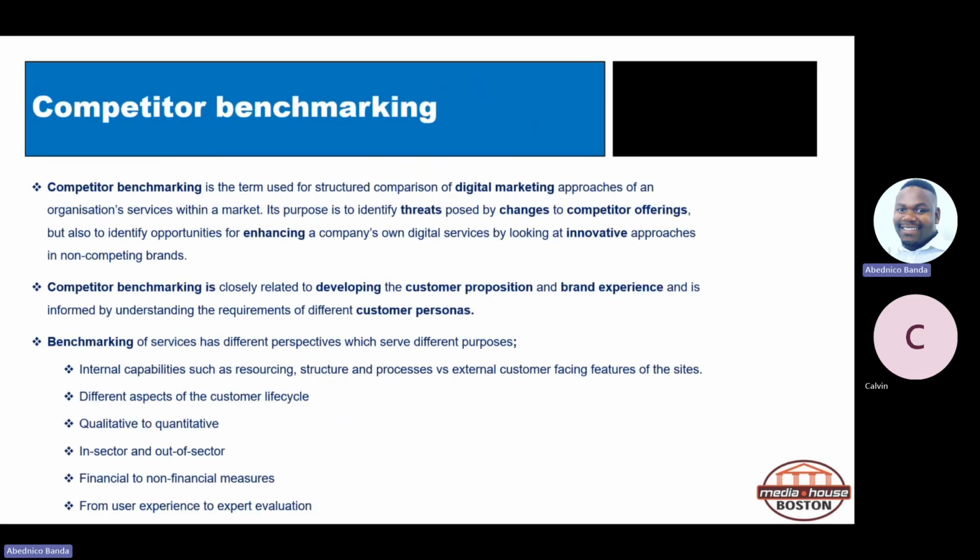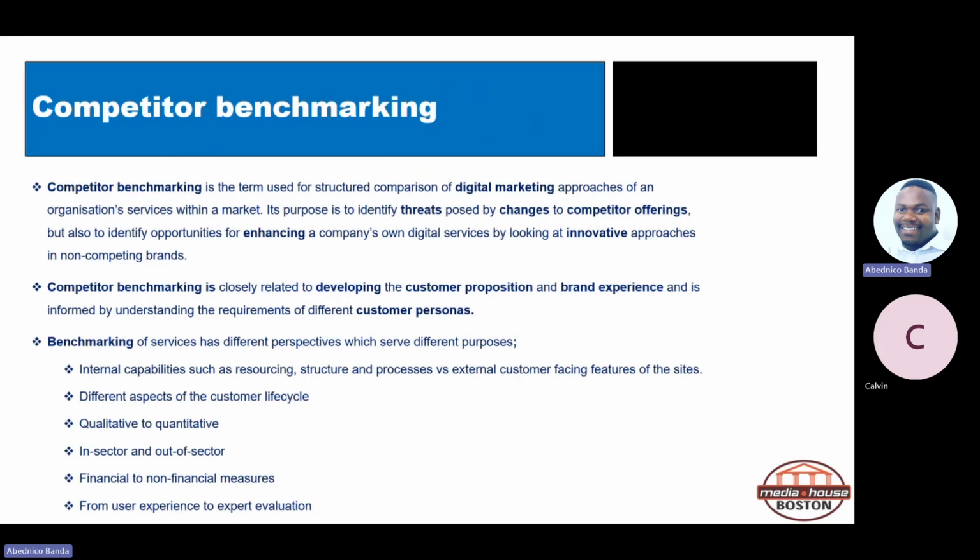So what we look at now is a term called competitor benchmarking, which is a term used for structured comparison of digital marketing approaches of an organization's services within a market.